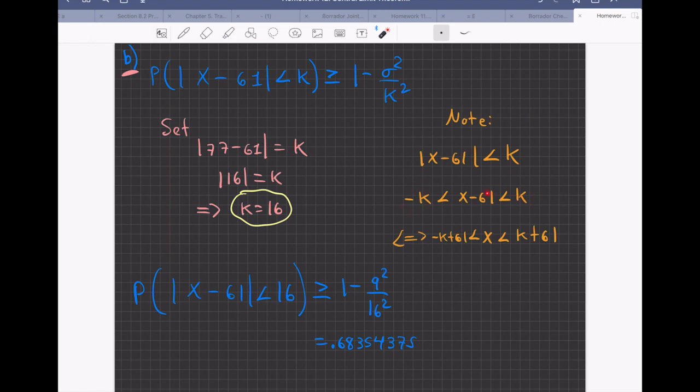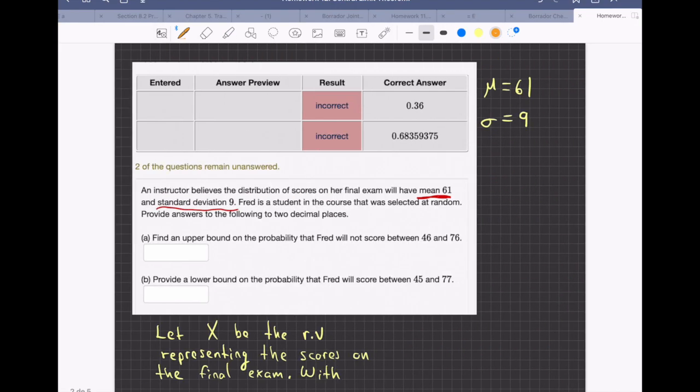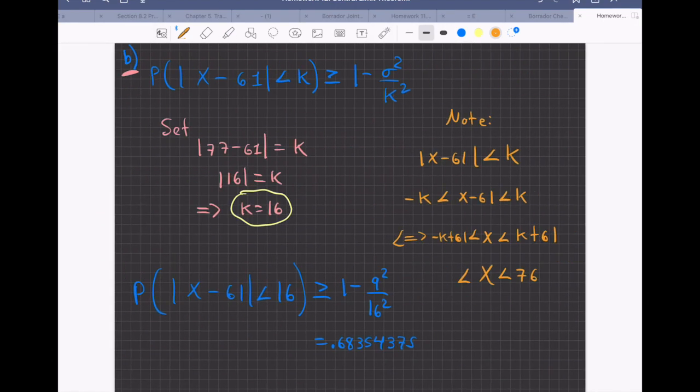But the point is that I cancel the negative 61 by adding 61: negative 61 plus 61 cancel out. And if you use the value for k that we got, you will realize that this is equal to 76, and negative 16 plus 61 is equal to the value we have here, 45.